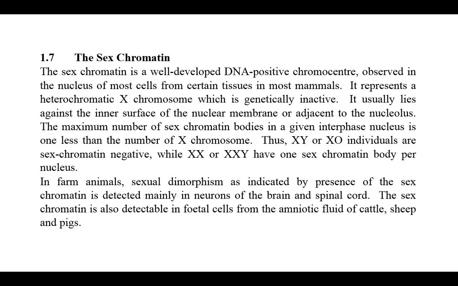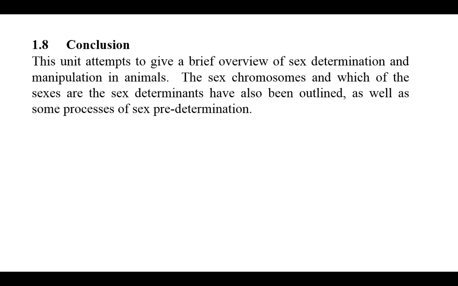Thus, XY or XO individuals are sex chromatin negative, while XX or XXY have 1 sex chromatin body per nucleus. In farm animals, sexual dimorphism, as indicated by presence of the sex chromatin, is detected mainly in neurons of the brain and spinal cord. The sex chromatin is also detectable in fetal cells from the amniotic fluid of cattle, sheep, and pigs.